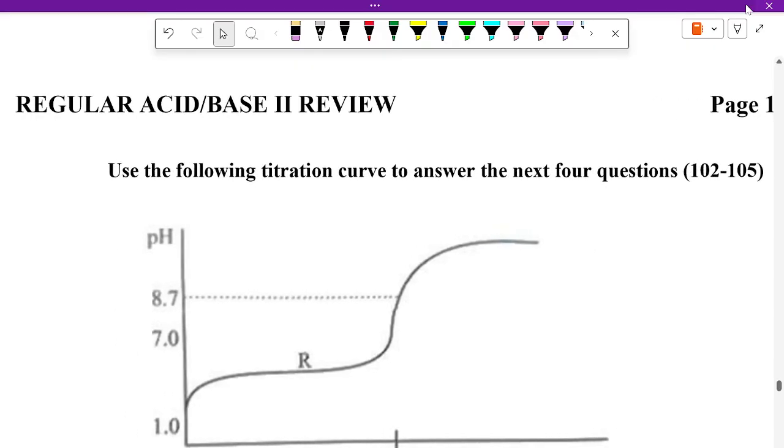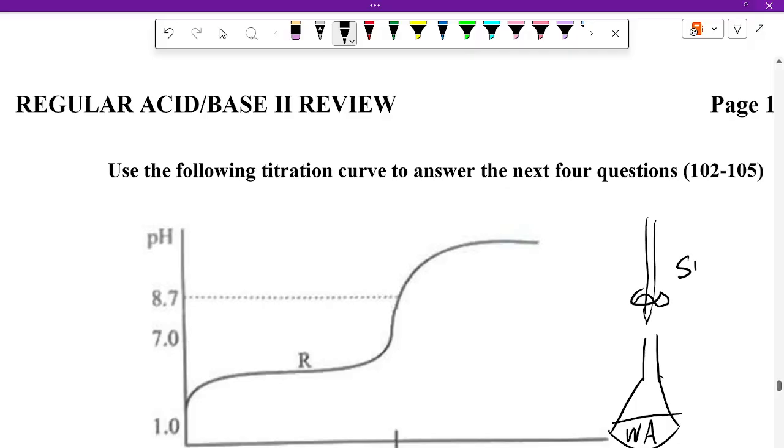And we are asked, first of all, what kind of a titration is this? What's in the flask? An acid. What kind of an acid? A weak acid. And what's being dripped into it? A base. What kind of a base? Strong base. We would never do a weak titration because that's useless.